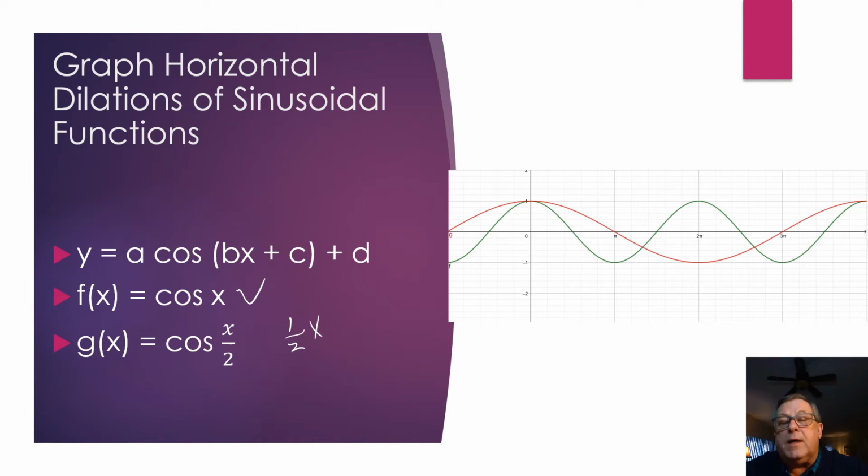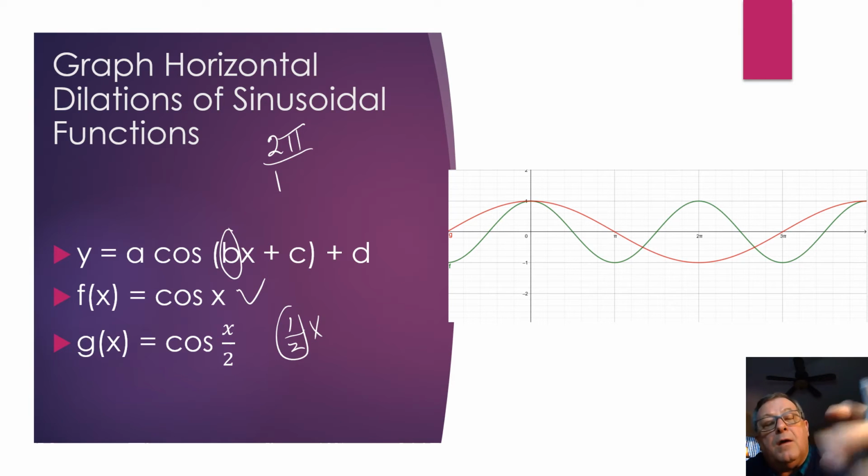Now, algebraically, here's how we determine the period. We take 2 pi and divide it by the absolute value of b right here. In this case, b is 1/2. So we've got 2 pi over the absolute value of 1/2, and the absolute value of 1/2 is just 1/2.